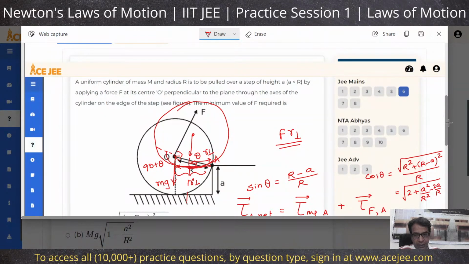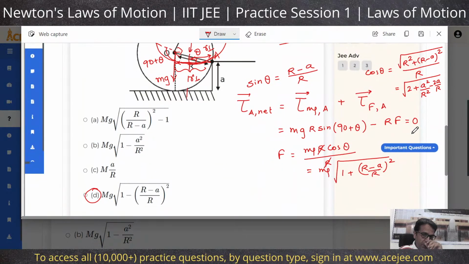That's what we wrote here, and that's what I equated to 0. So if the force is even slightly greater than this, you will be able to lift it up. That's the minimum force. Anything less than this force, you will not be able to lift it. Anything more than this is an overkill.